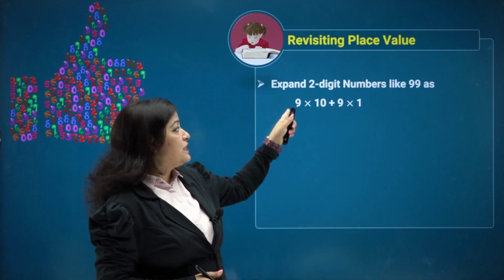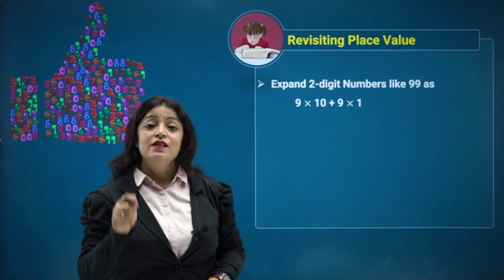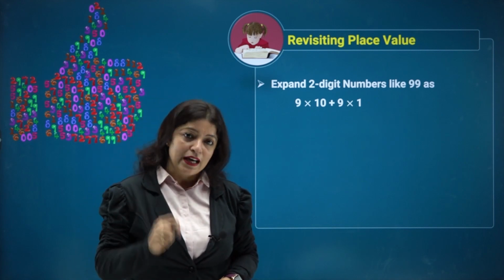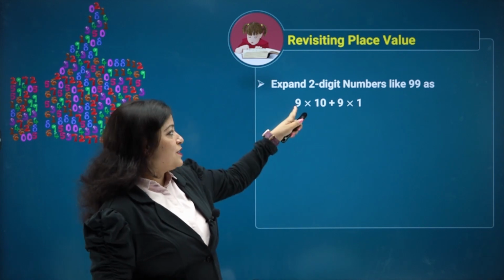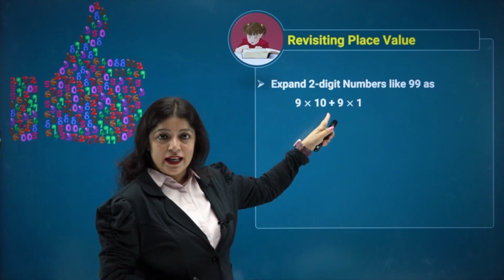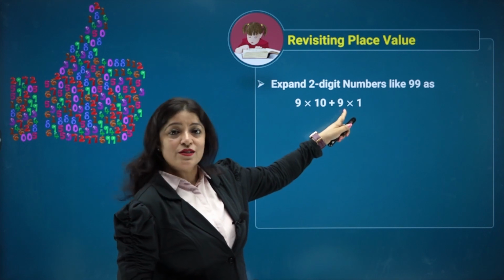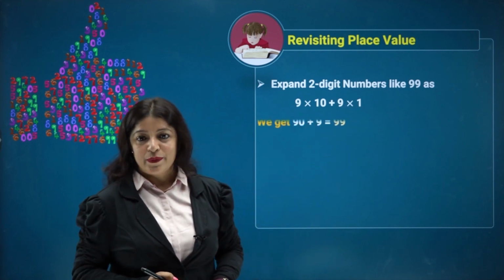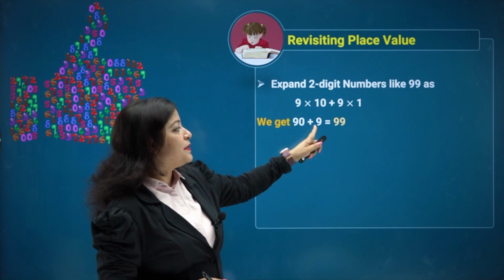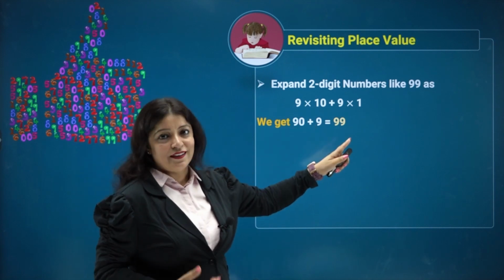Now why is 9 multiplied by 10? Because in the number 99, the first 9 is at the tens place. So the tens place digit is multiplied by 10 and the units place digit is multiplied by unit, that is 1. So we can say 90 plus 9 you get 99.